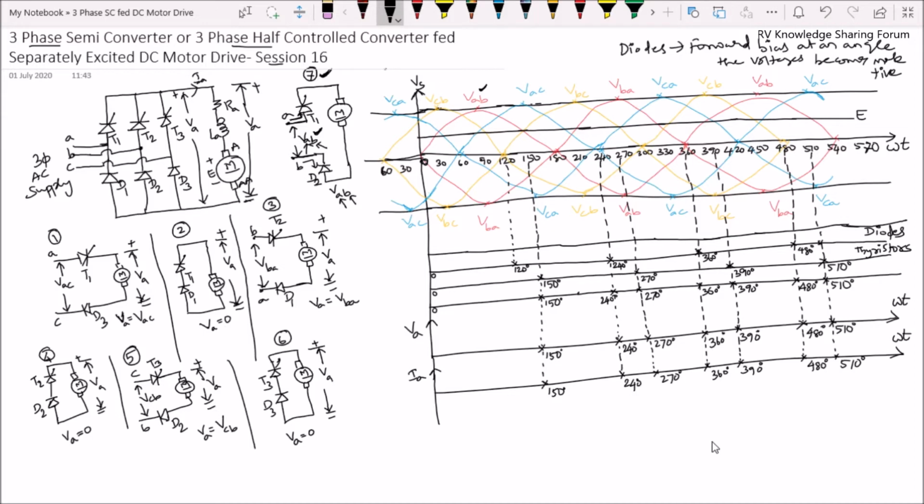There is no need to wait for a firing angle. Now let us forward bias the diodes.